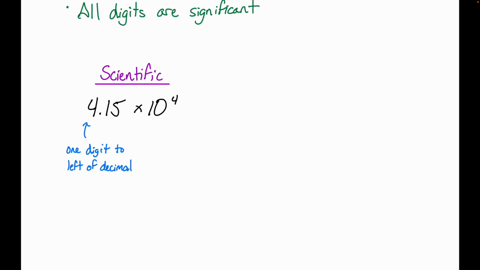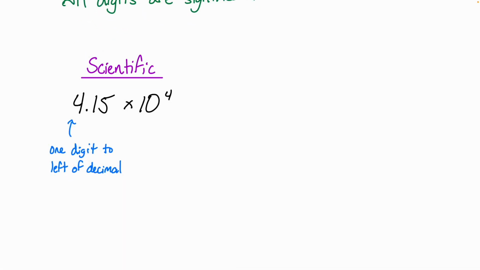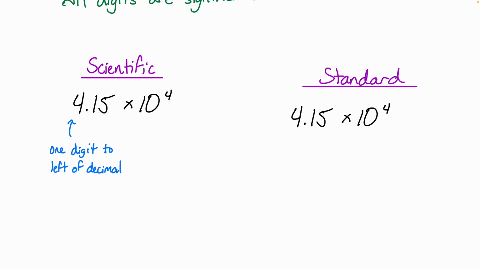We want to be able to go from scientific notation into what's called standard notation, which is our normal way of looking at numbers. So we're going to take this number, 4.15, and multiply it by 10 four times.